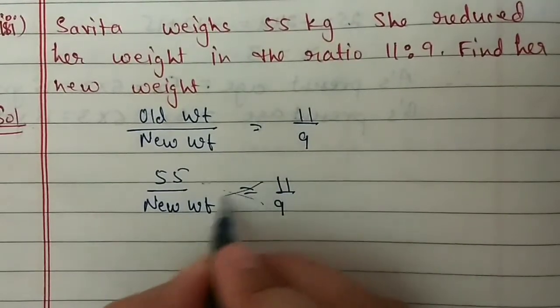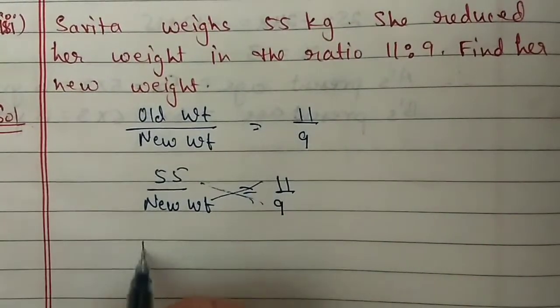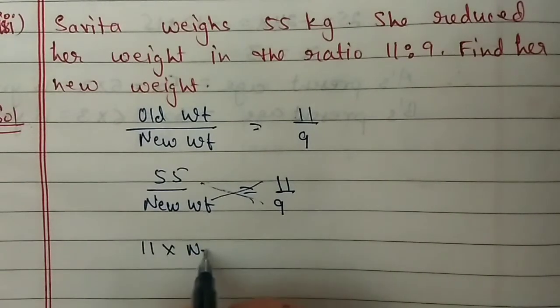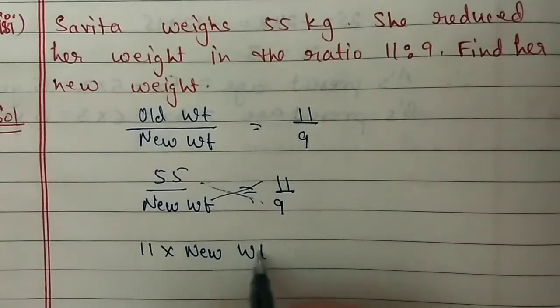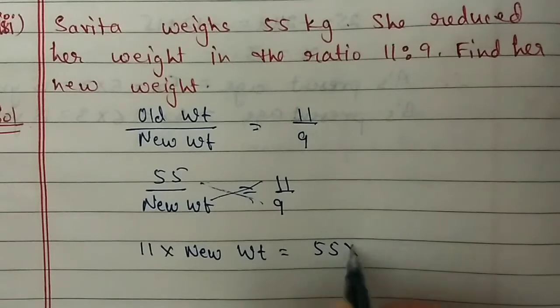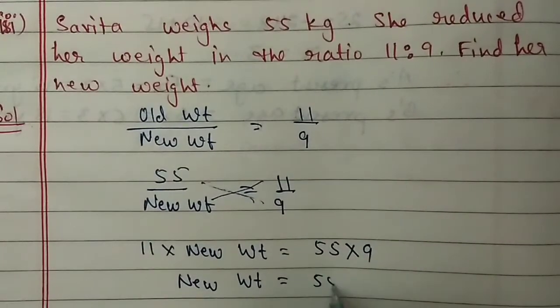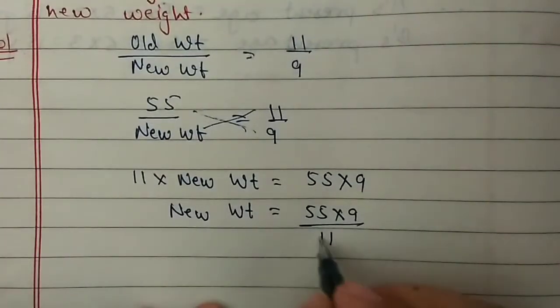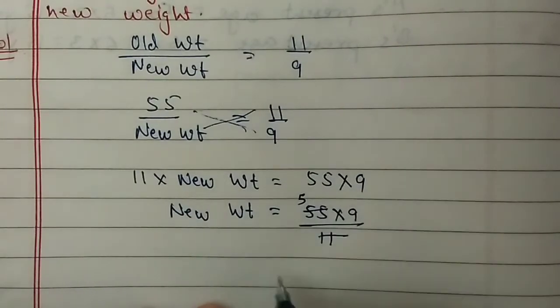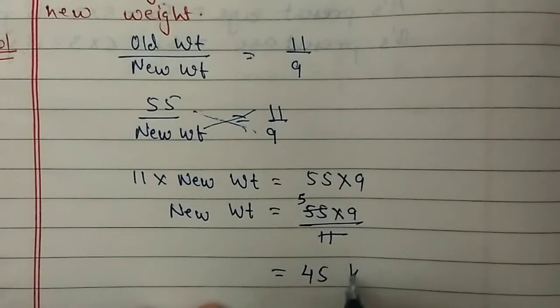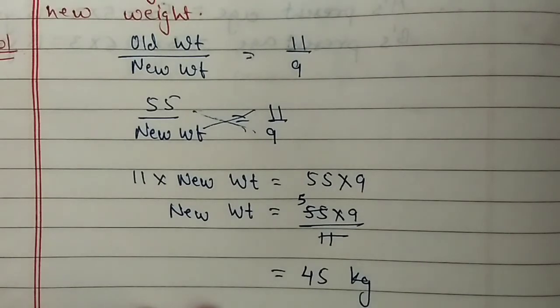We can cross multiply. 11 into new weight is equal to 55 into 9. Shift this 11 to the other side: 55 into 9 divided by 11. From 11 and 55 you can cancel 5 times. So 9 5s are 45 kg. Her reduced weight is 45 kg.